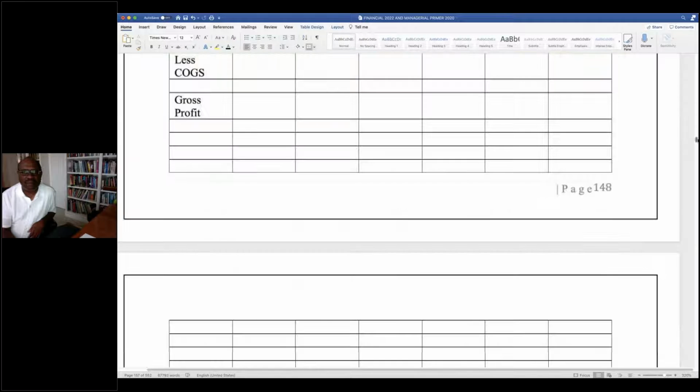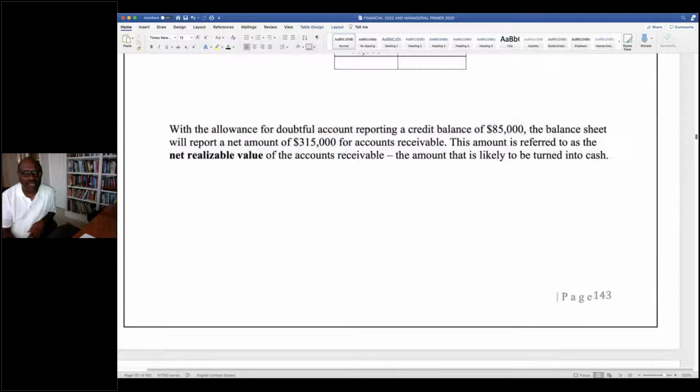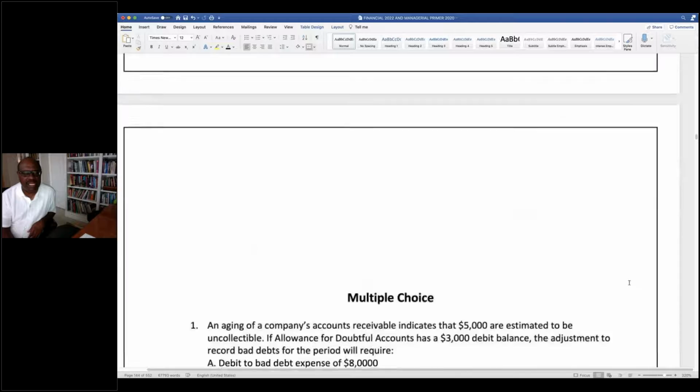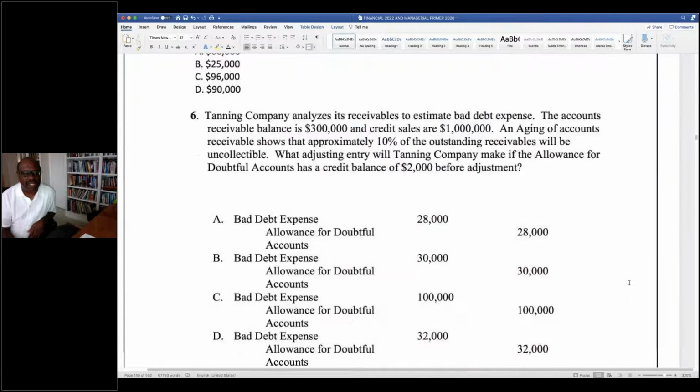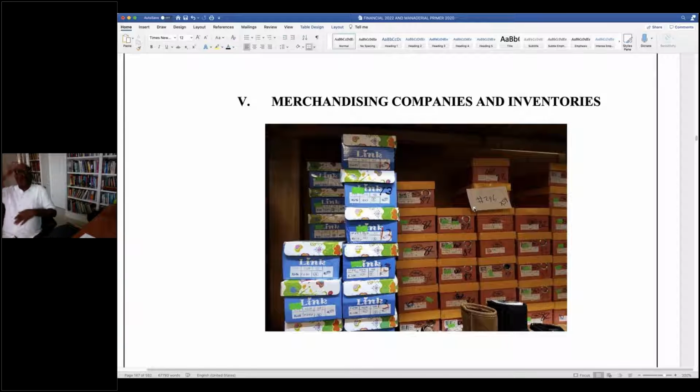It started on 131. Somebody says 131. Yeah, because I added pages to the version I have. Depreciation starts on 214, but just look for this in the picture book. That's where it starts.